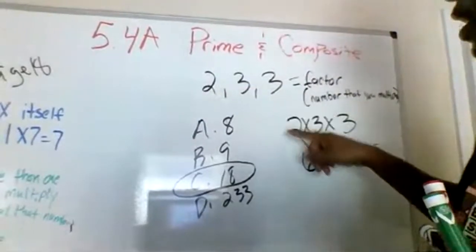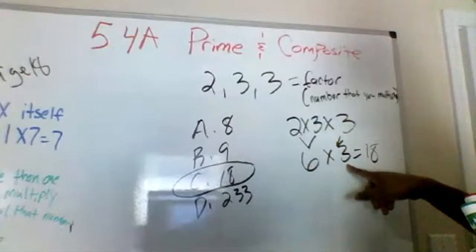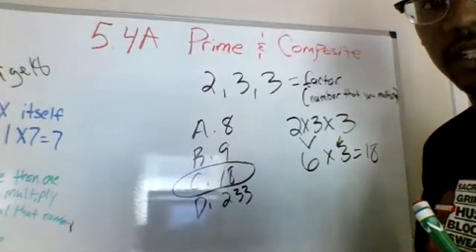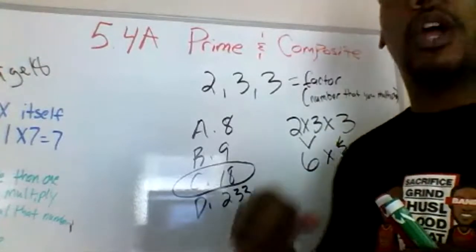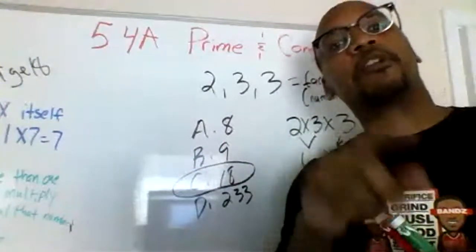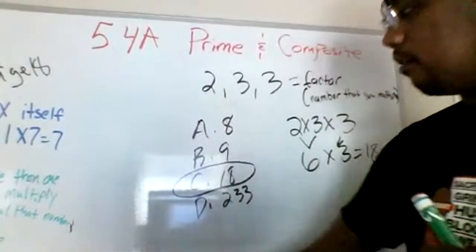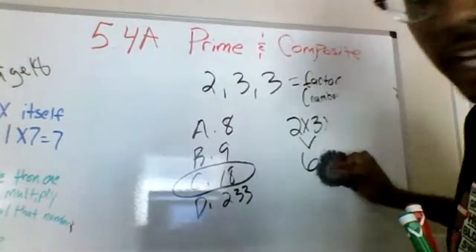Again, 2, 3, and 3. 2 times 3 is 6, and then 6 times the other 3 is 18. So anytime you're looking for factors of a number, you're looking for which numbers multiply up to get that number. Now, I'm going to give you another example.